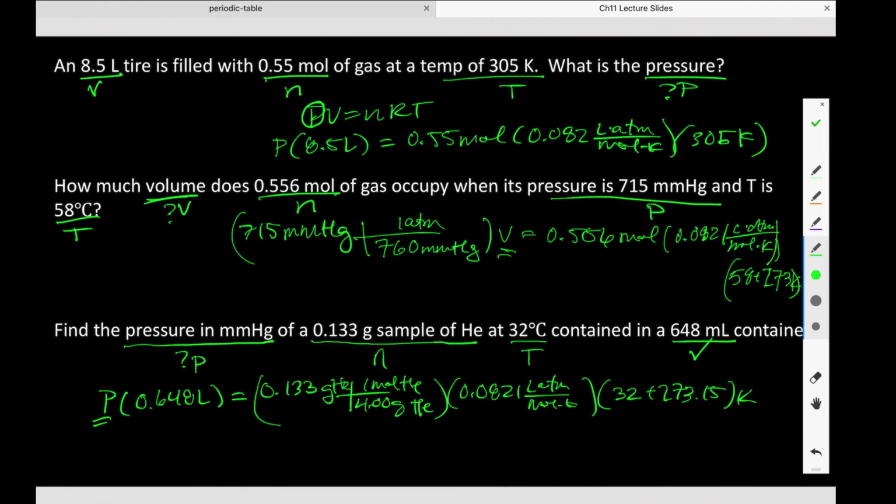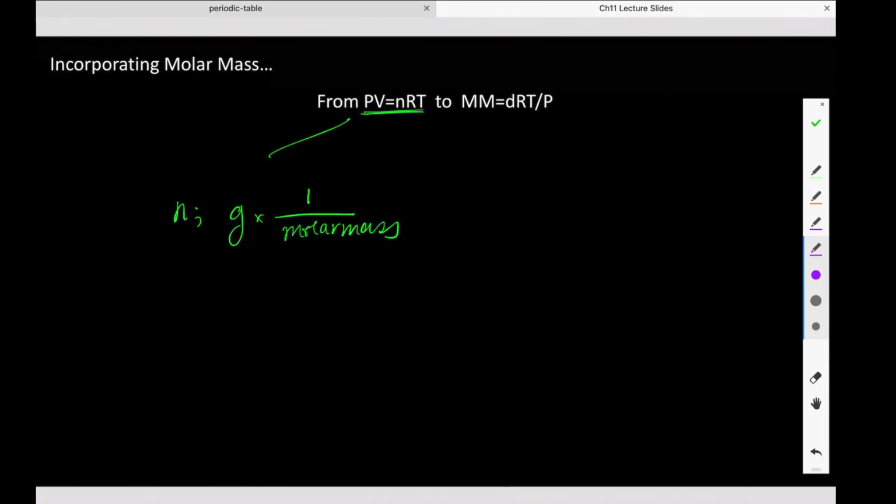So if we look back here, I have my grams times 1 over molar mass, because molar mass is technically the number of grams equal to 1 mole, but if I have to flip it, it's 1 over molar mass. Yes? Does that make sense? So technically, moles are equal to grams times 1 over molar mass, or grams over molar mass.